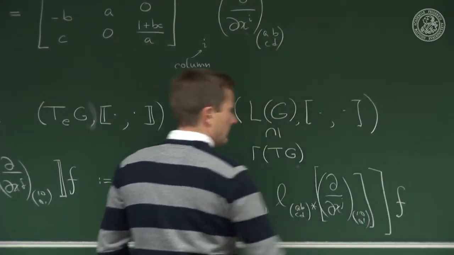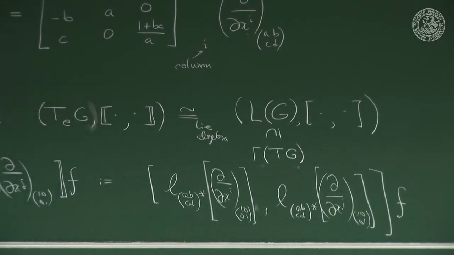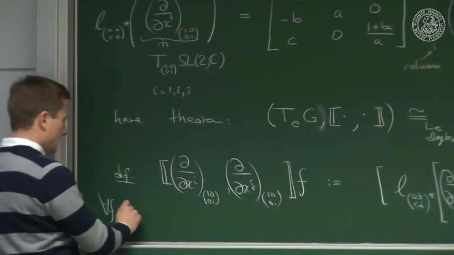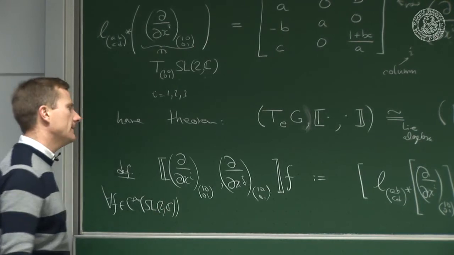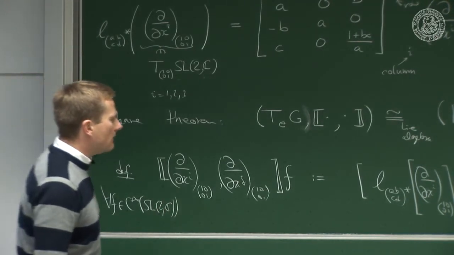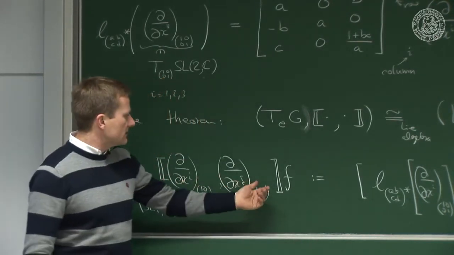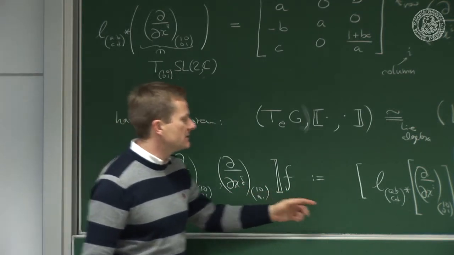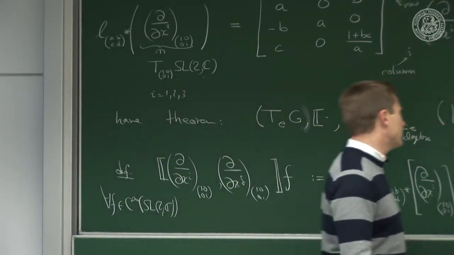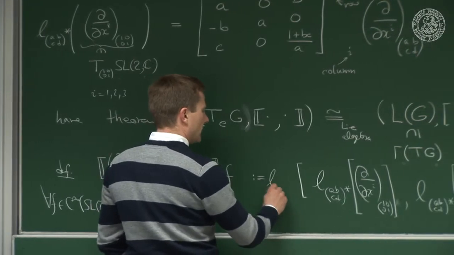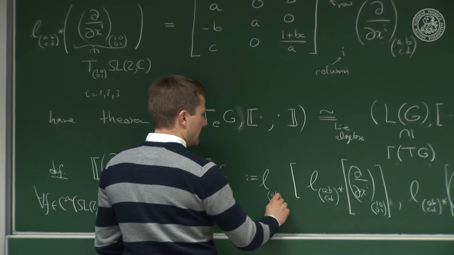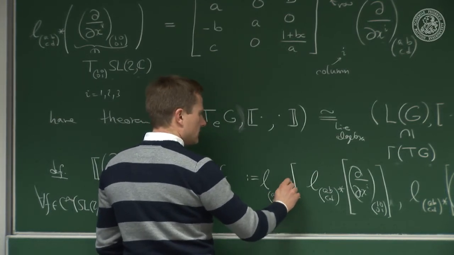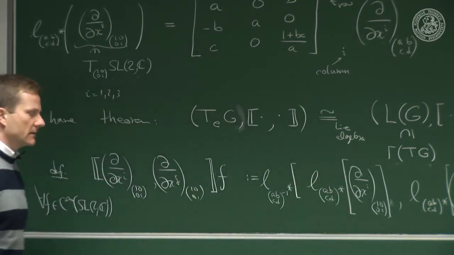We decided to define this by action on an arbitrary function f, which is a smooth function on SL2C. But now this, of course, yields the derivative of f everywhere, not just at the identity. Last time I indicated that one possibility to remedy this is that before we act on f, we actually have this pushed the opposite direction.